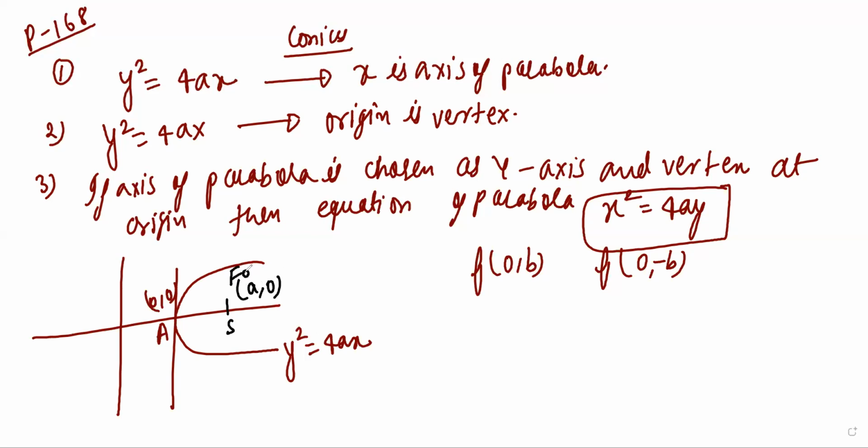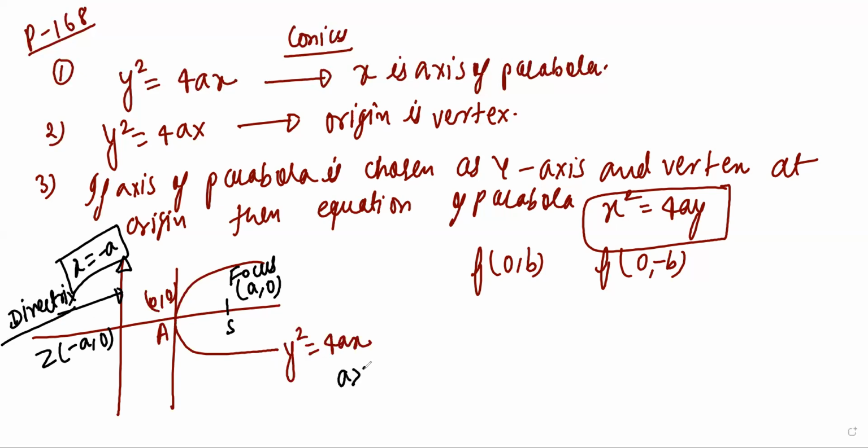This is the focus, and this is Z, that is minus a comma 0, right? This line is called the directrix, that is x is equal to minus a. Here a is greater than 0.